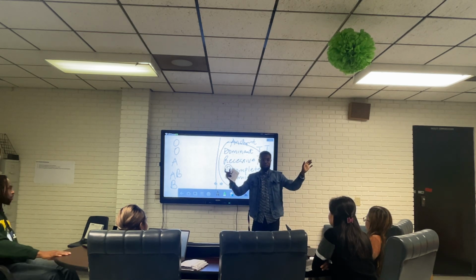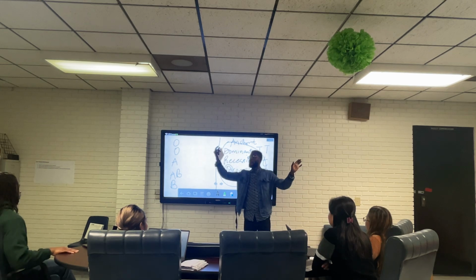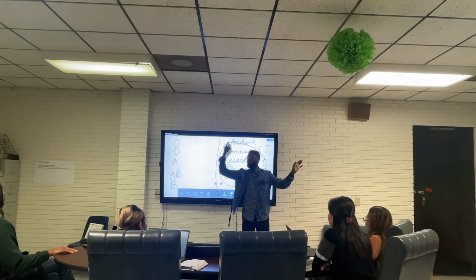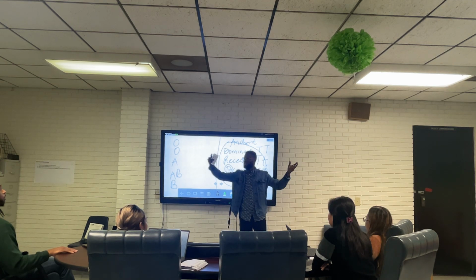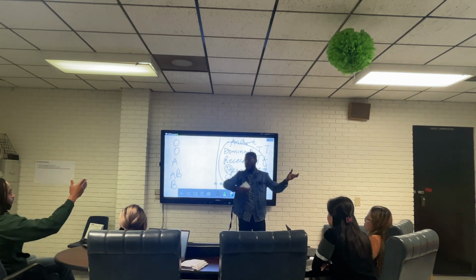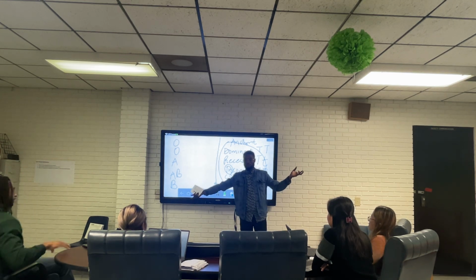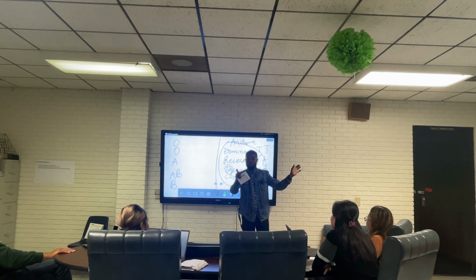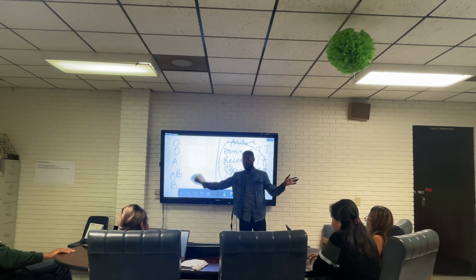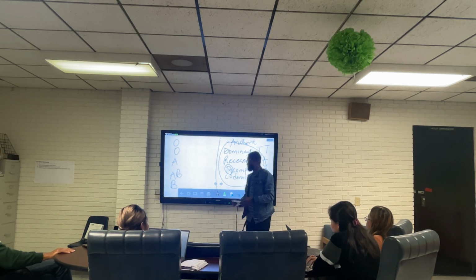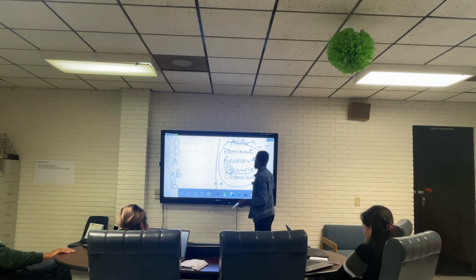The male is white, the female is red, but the offspring is not white, it's not red, but it's pink. That's another way we can explain incomplete dominance.